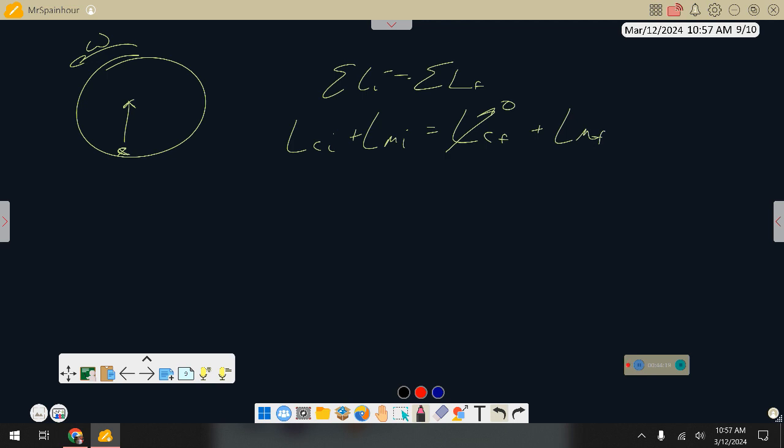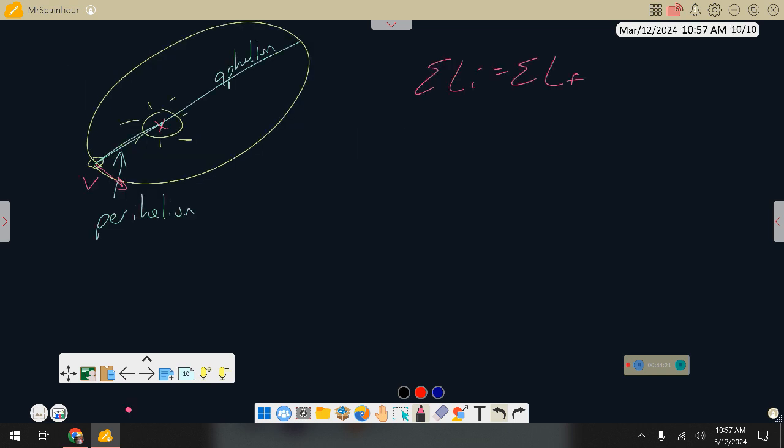Just one. The angular momentum of the asteroid initial, and the angular momentum of the asteroid final. So what does that mean? Well, that means moment of inertia initial times angular velocity initial is equal to moment of inertia final times angular velocity final.